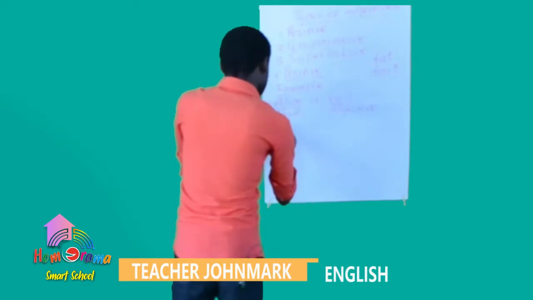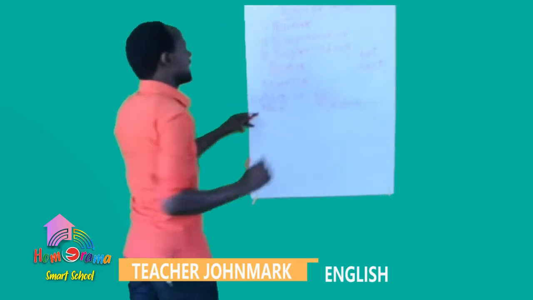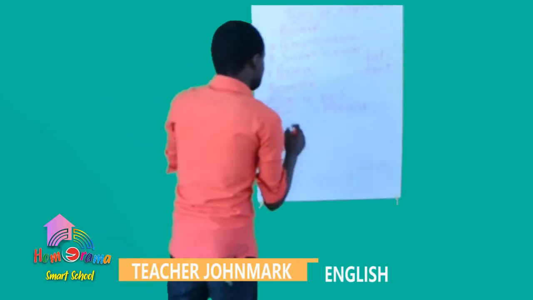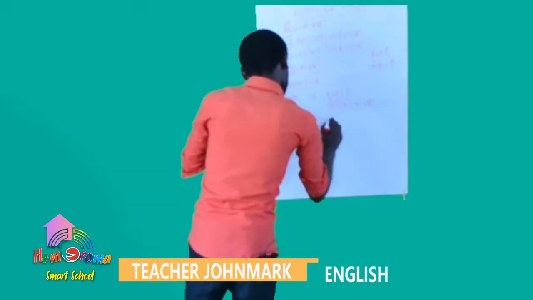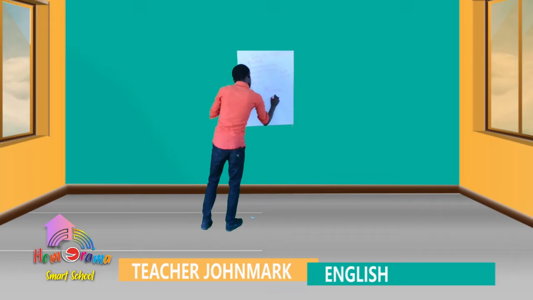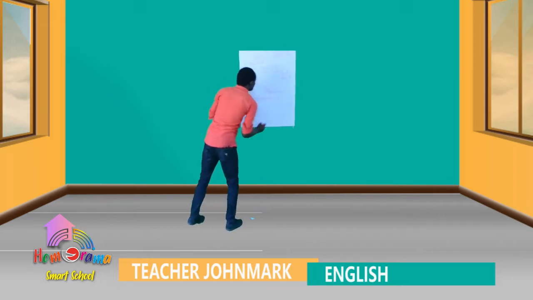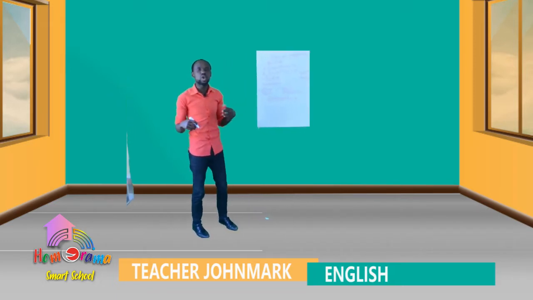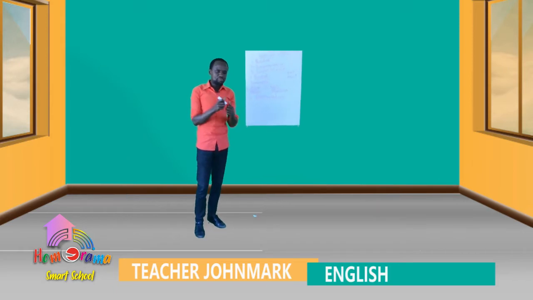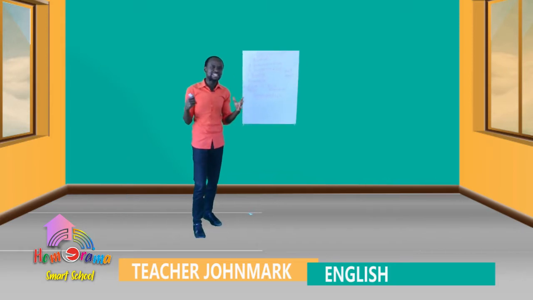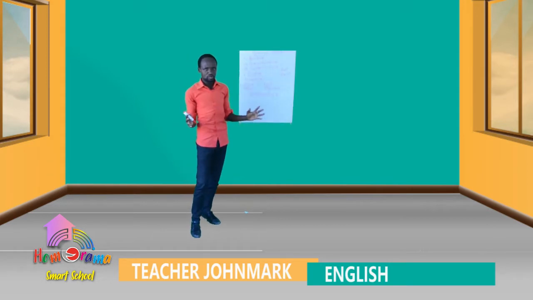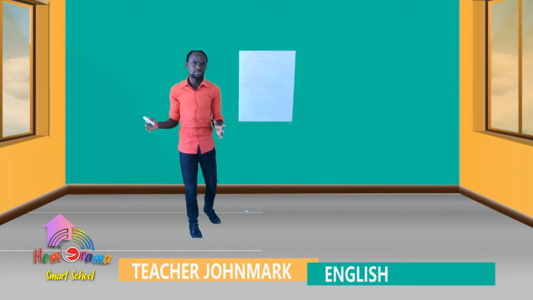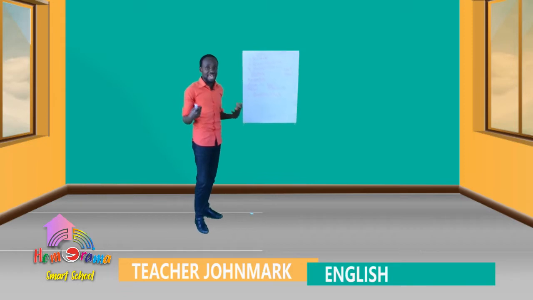The next category of adjectives that we do have in English is the comparative adjectives. Comparative comes from the word to compare. To compare simply means to give a difference between two things or two people or two items. That is the meaning of comparing.